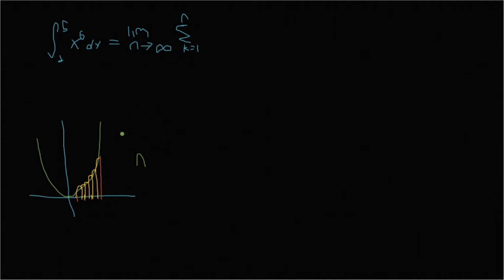We're going to multiply everything at the end by the distance divided by the number of rectangles. So 5 minus 2 is 3. If you tried to memorize the formula, this would be known as delta x, which is just the size of each thing.